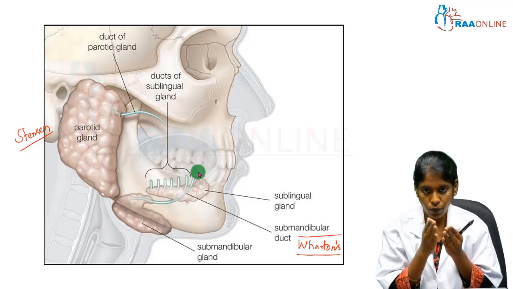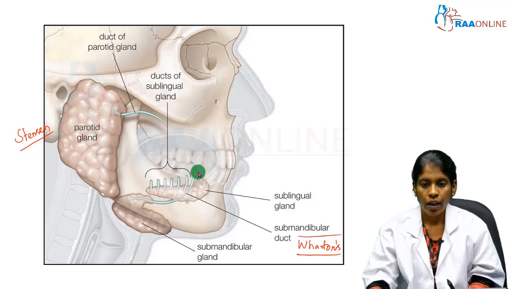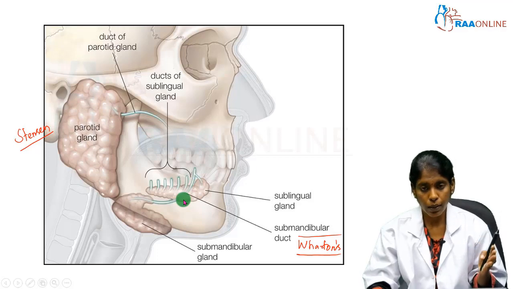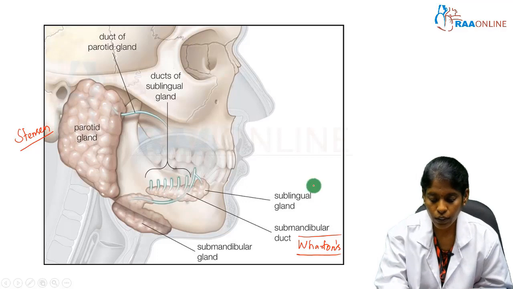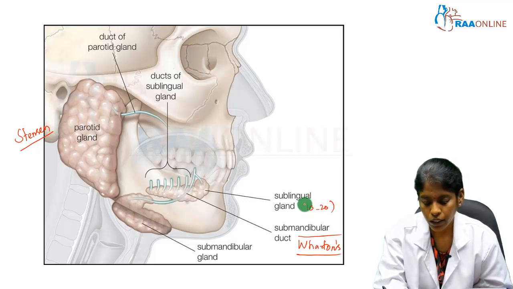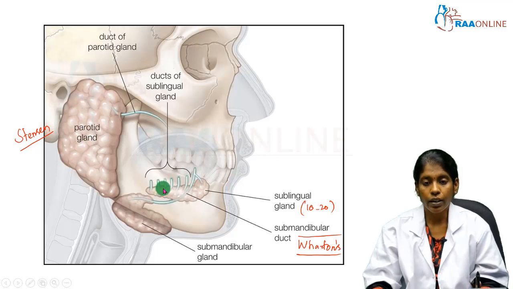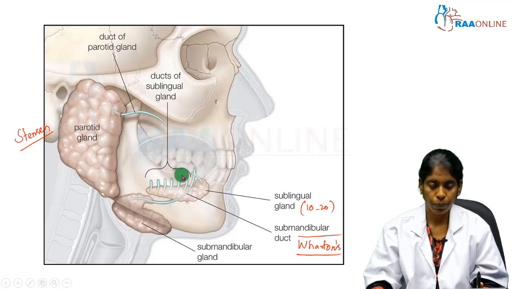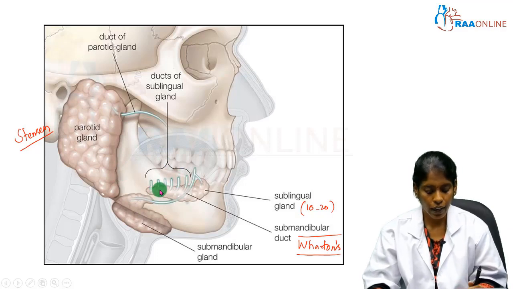Whereas the sublingual gland, in contrast to the parotid and submandibular glands, opens via many ducts, about 10 to 20, into the floor of the mouth. That's how the glands drain into the oral cavity.